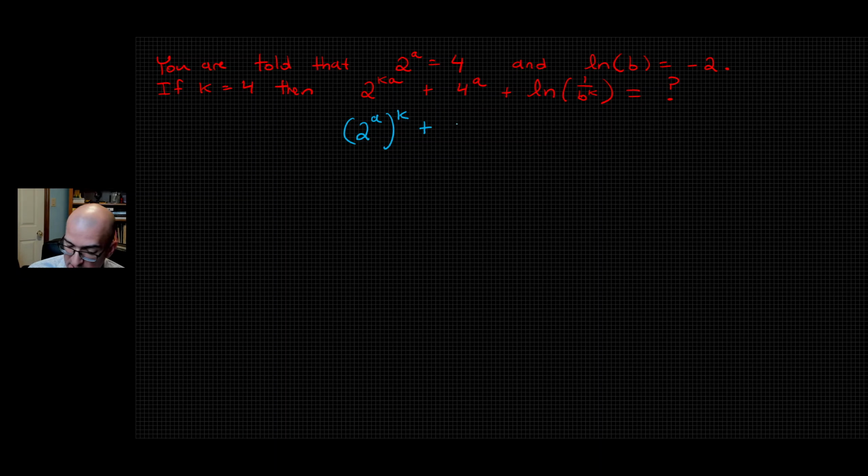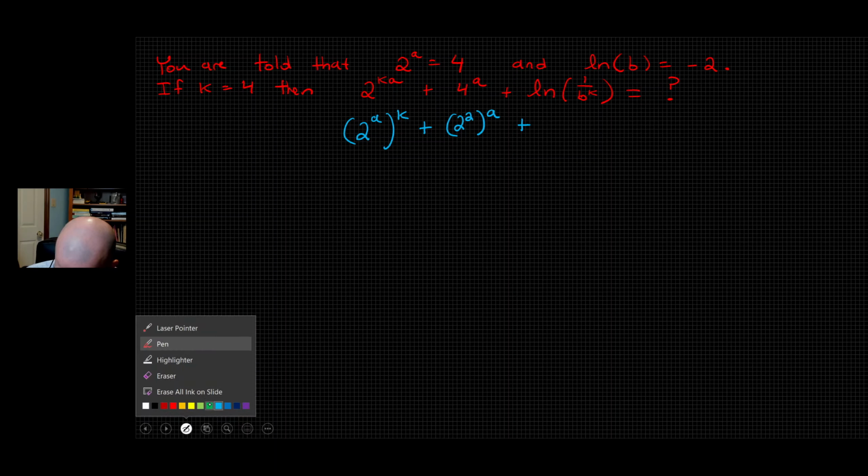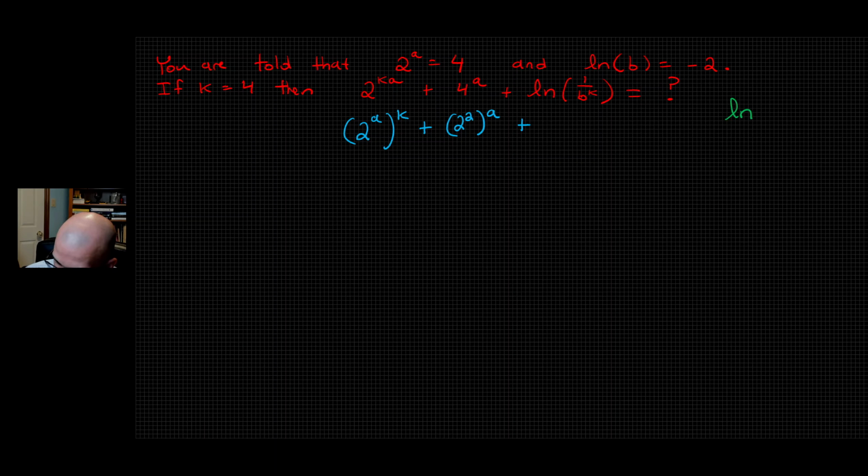And as an intermediate step to being able to use that piece of information, I'm going to rewrite 4 as 2 squared. And then for the last piece, I'm going to use a rule of logs that says the log of m over n is the log of m minus the log of n. So this is going to be the ln of the top minus the ln of the bottom.